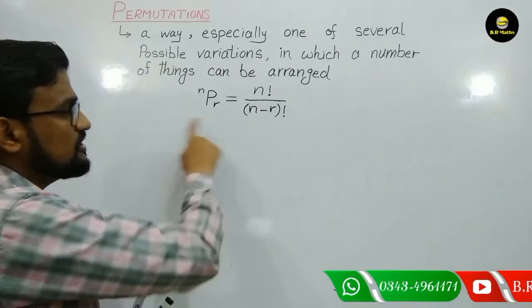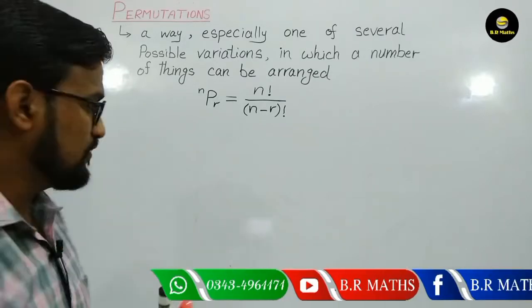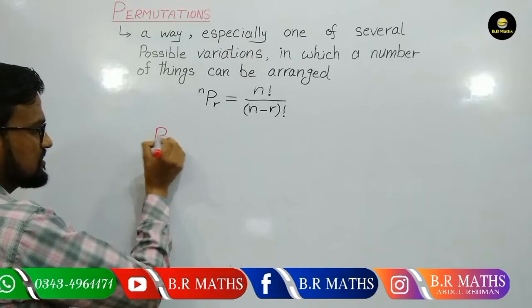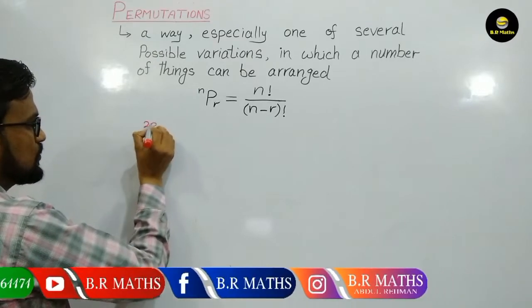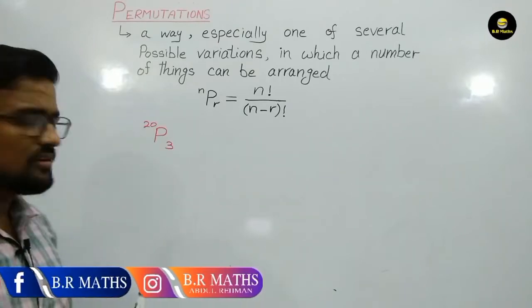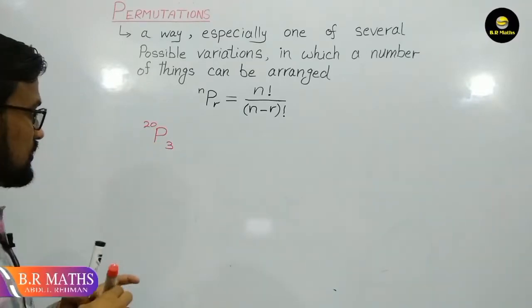So see this one. According to your textbook, the question is to find the permutation, for example 20 and 3. So the permutation of 3 out of 20.